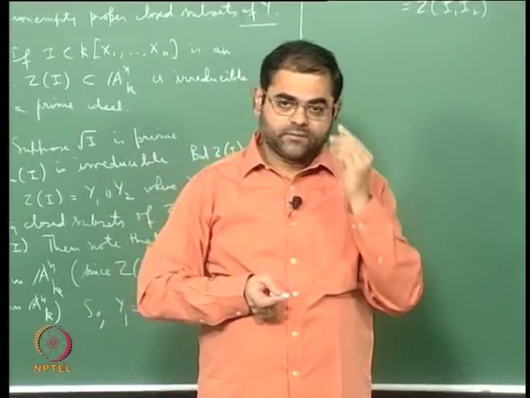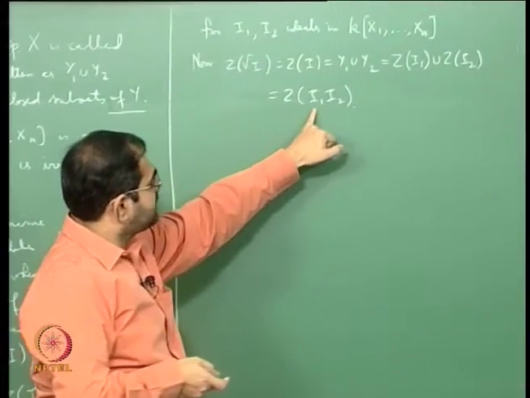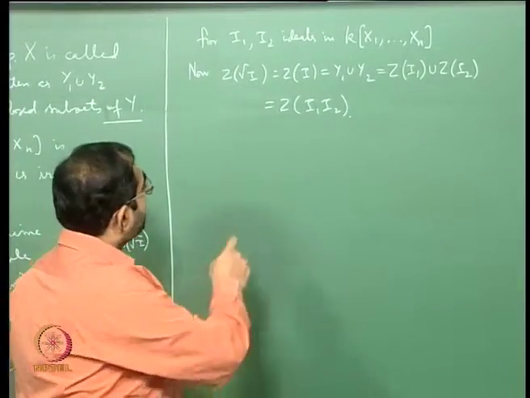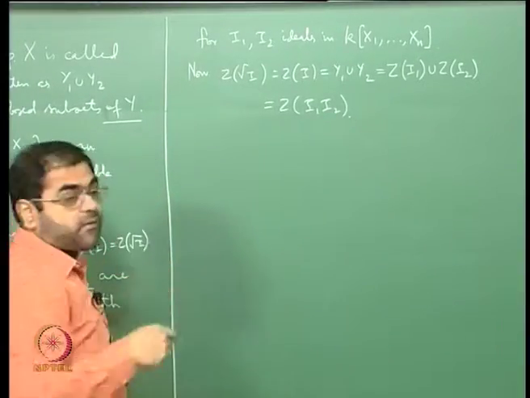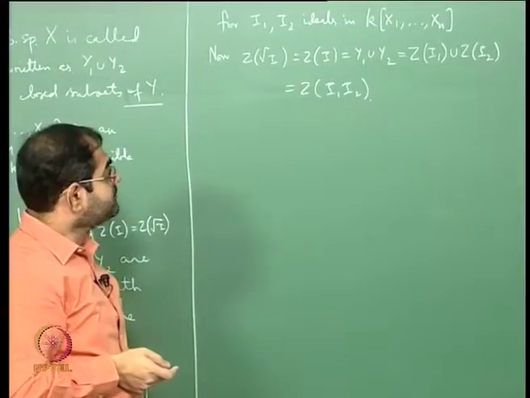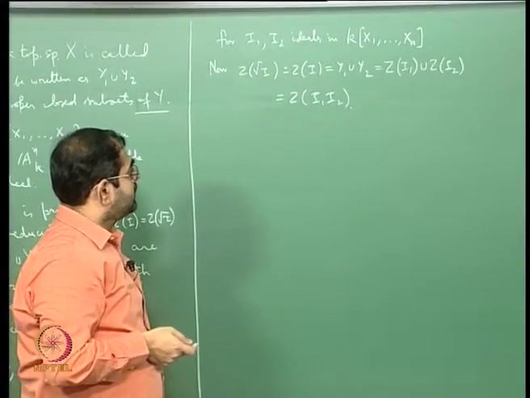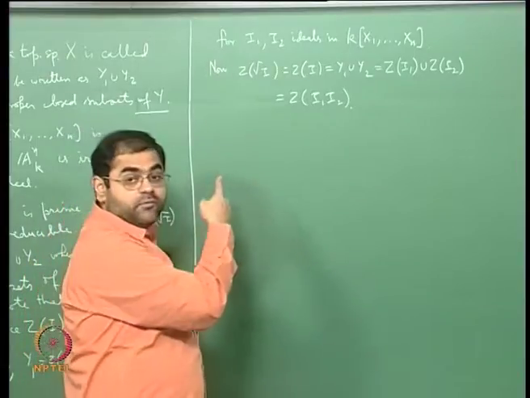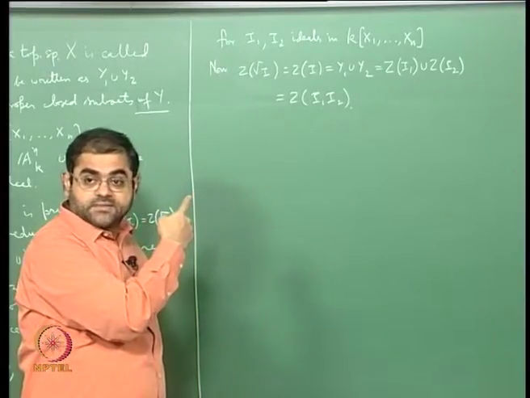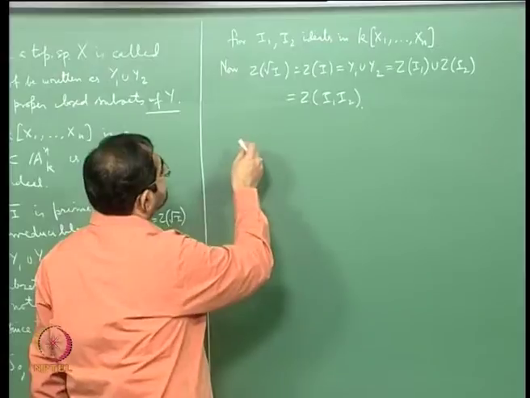We proved that. So this is Z(I1 I2). And it's at this point that I'll now use the Nullstellensatz.